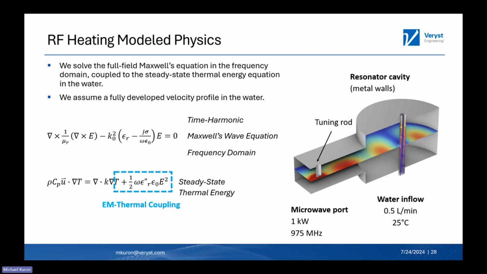And so for this type of analysis, we model the time harmonic Maxwell's wave equation in the frequency domain. We couple that to the steady-state thermal energy equation, whereby the source of heating is proportional to the complex permittivity, or the loss tangent, of the material.